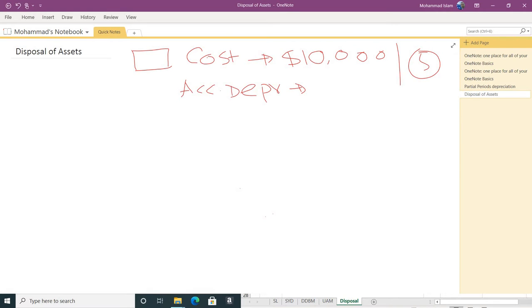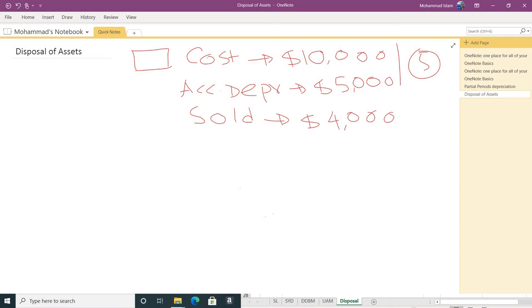So there is no residual value, so the accumulated depreciation would be total 5,000, correct? And if we sold this asset for say 4,000, how will we record this?